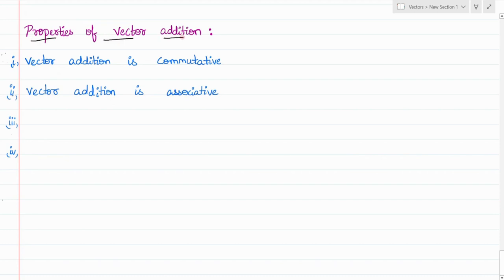Properties of vector addition. In this, we're going to see four important properties. First one is vector addition is commutative. This we have already seen in the parallelogram law of addition, that is A plus B and B plus A are equal, which means however you add the vectors, the resultant will be the same.